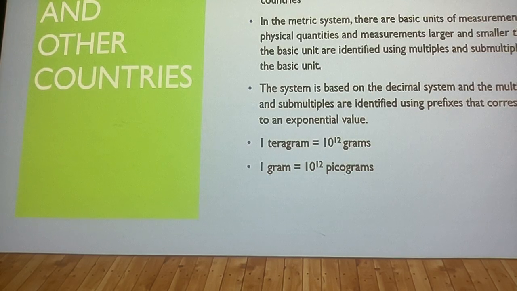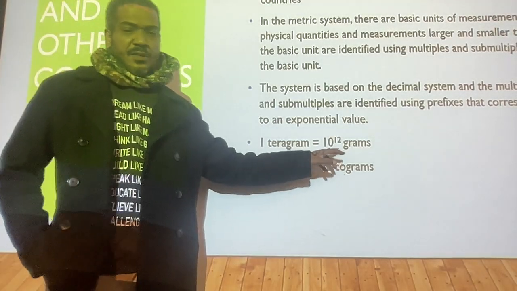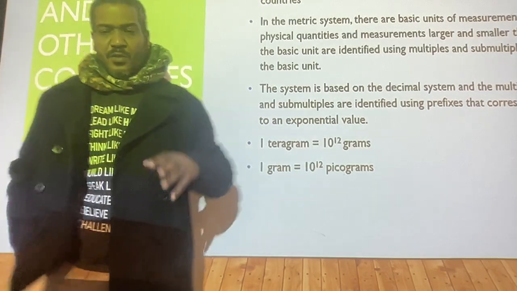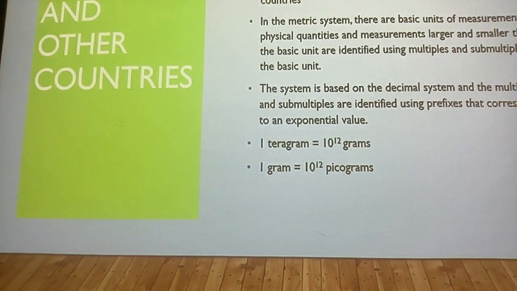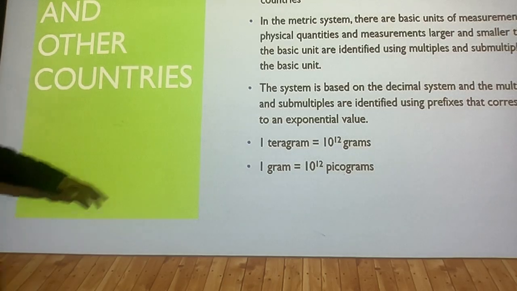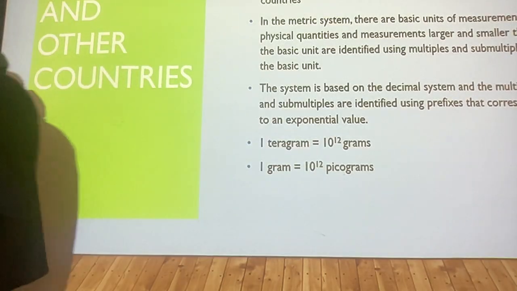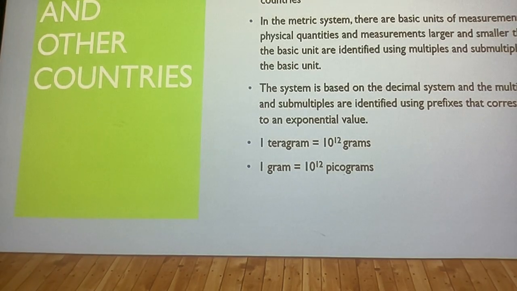But what's important here, and this is where we start to get into the scientific notation, are these big numbers. Remember I said, in science we deal with very, very big numbers or very, very small numbers. So that's why we have to have a good handle on scientific notation, or dealing with numbers with powers of 10.